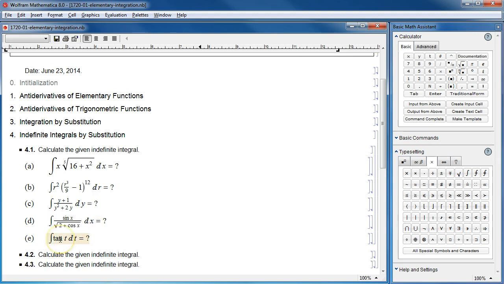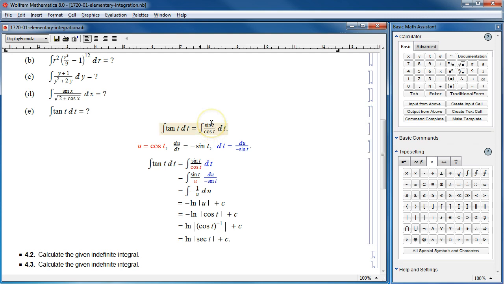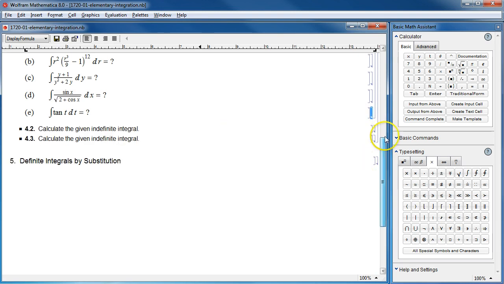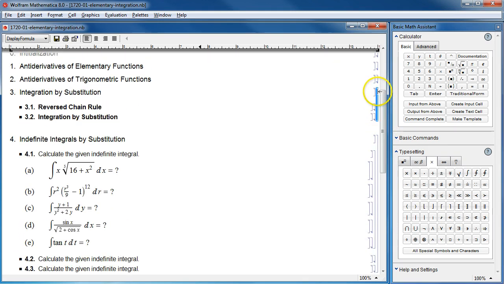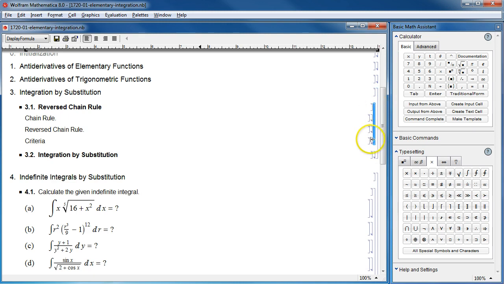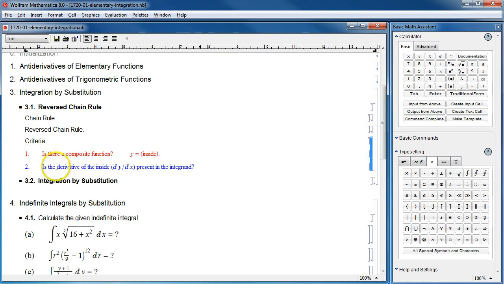And this one is a little bit less visible, but if you express tangent as sine over cosine like this, then you can clearly see that the denominator is the inside, so it'll work out. In short, in these kinds of problems, you didn't really have to worry too much about the second criterion.